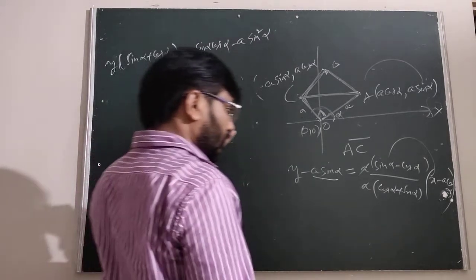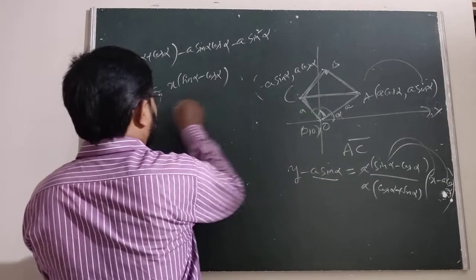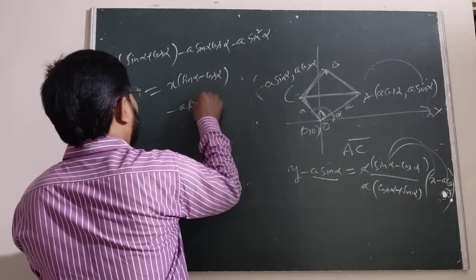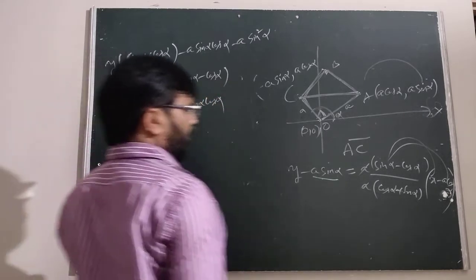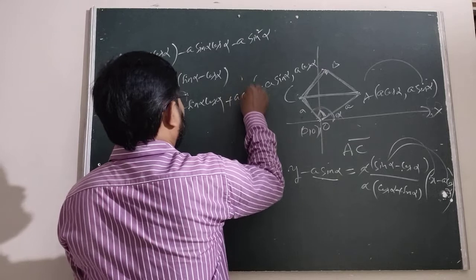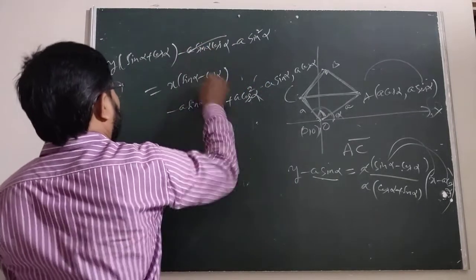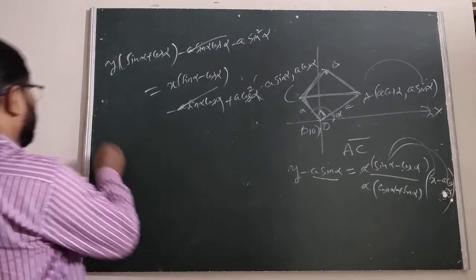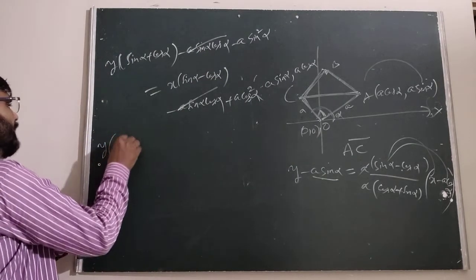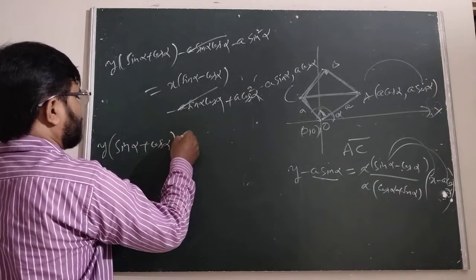Equal to, we multiply with this one: x into sin alpha minus cos alpha. Now this is multiplied with this one: minus of A sin alpha into cos alpha. This is minus into minus, plus A into cos square alpha. Now these are cancelled. Now y into sin alpha plus cos alpha, this will be sent to the other side.